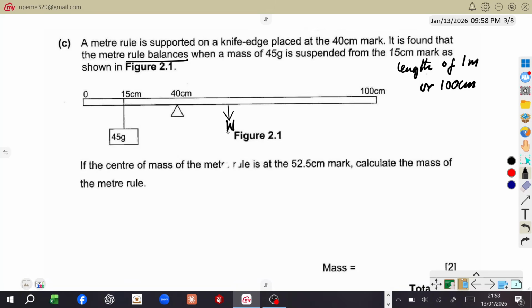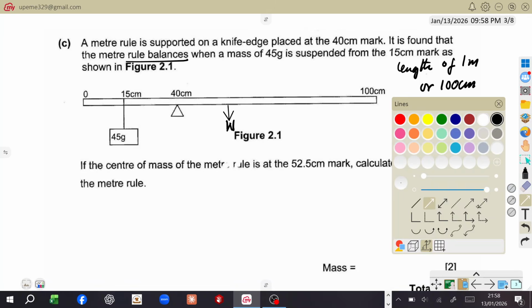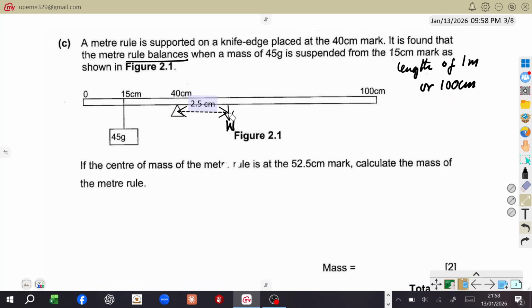So this weight and this, they are balancing each other. All right, and then you need to know the distance from here to where the weight is acting from, and then also the distance from the same pivot to where this object is. Those distances must be known. So let's read the question before we come back to that.